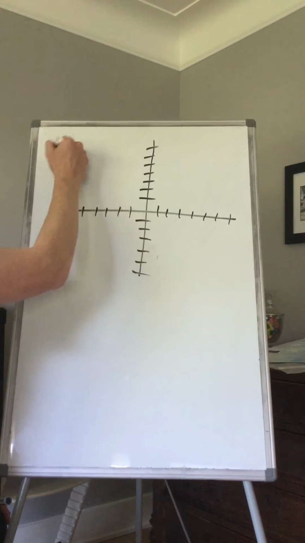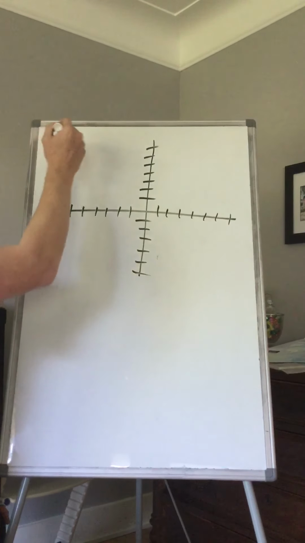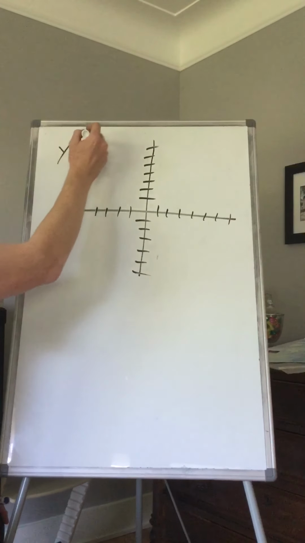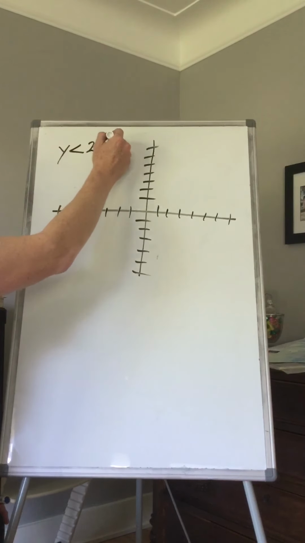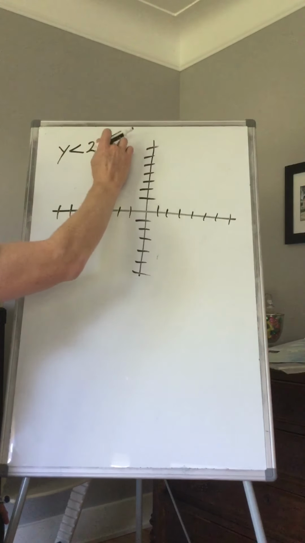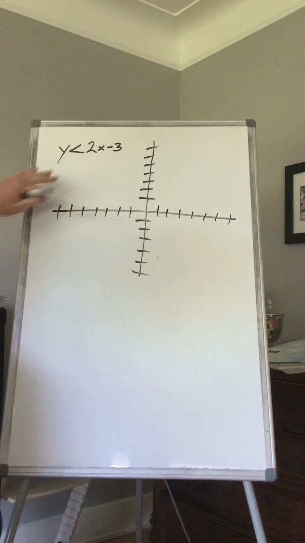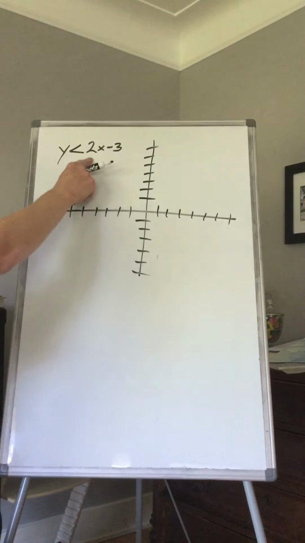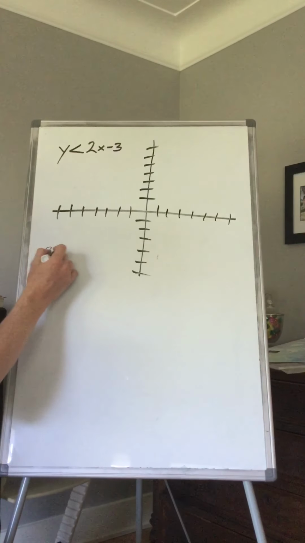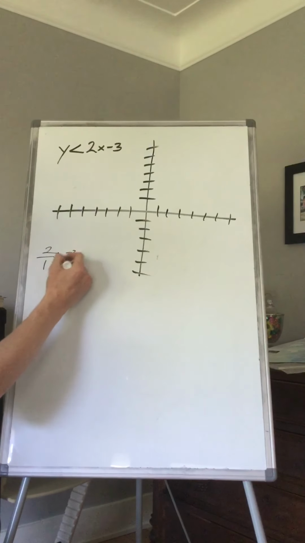So let's say we have y is less than 2x minus 3. Okay, so then I say, okay, 2 is my slope. So 2 can be written as 2 over 1 or negative 2 over negative 1.